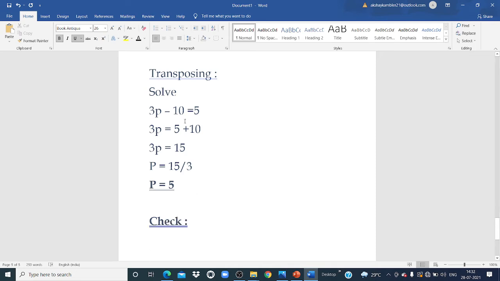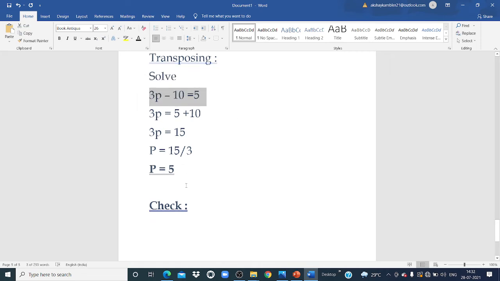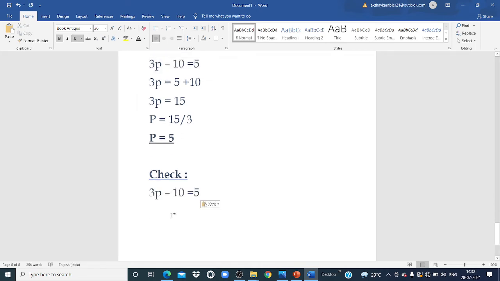What I told you? Put the value of p in the given equation. If the LHS is equal to RHS, then your answer is correct. 3 into, what is the value of p? 5. 3 into 5 minus 10 is equal to 5.